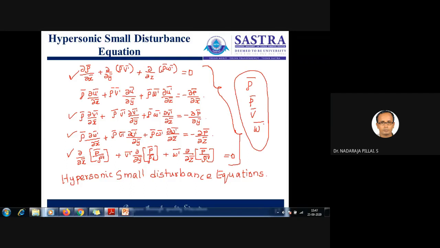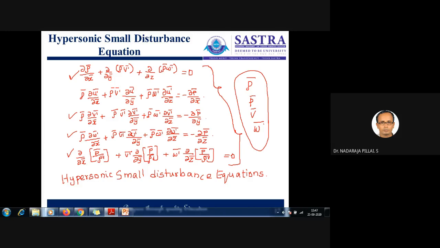Even the equation we have applied so far is still a non-linear governing equation. Even though we consider u dash, v dash, w dash as small perturbations, it is still non-linear, right? So this is one of the big differences which distinguishes hypersonic flow from the other two, subsonic and supersonic flow.